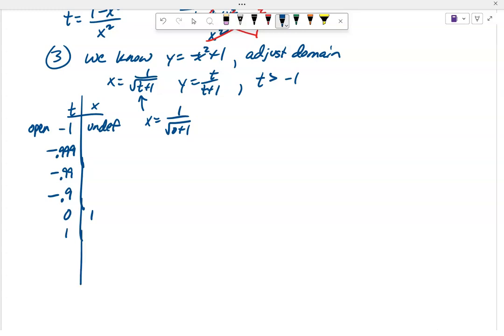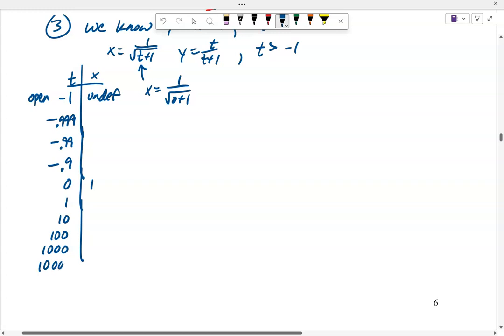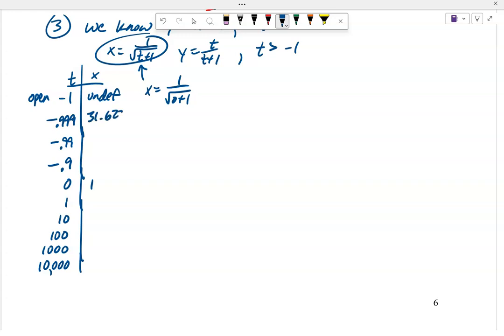Throw in 1, and we'll get bigger after that. And I'm just going to take my calculator and punch it in. So I've got 31.6227 for that, -0.99, 10 for that. Got these values.